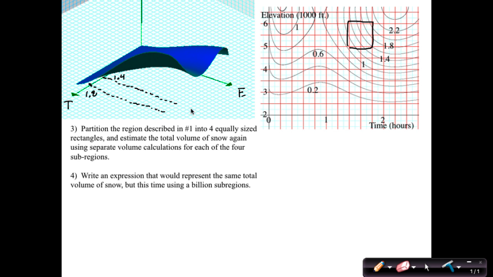And then elevation from 5 to 6. So that's back there. Okay, so far so good here. Except for this right here. Let's make this a little better.